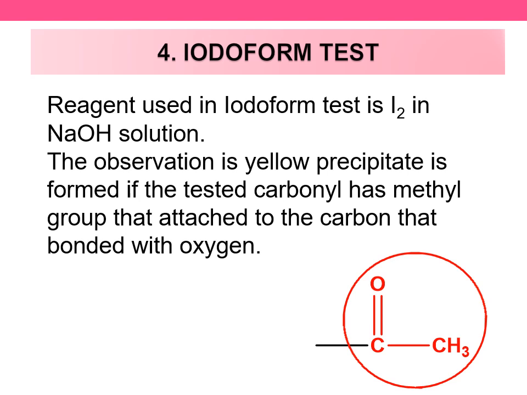The fourth reaction that we are going to learn about carbonyl compounds is the iodoform test. This is an important test that you must know. The reagent used in this test is iodine in sodium hydroxide solution. And this test is performed to detect the existence of a methyl group attached directly to the carbonyl carbon.